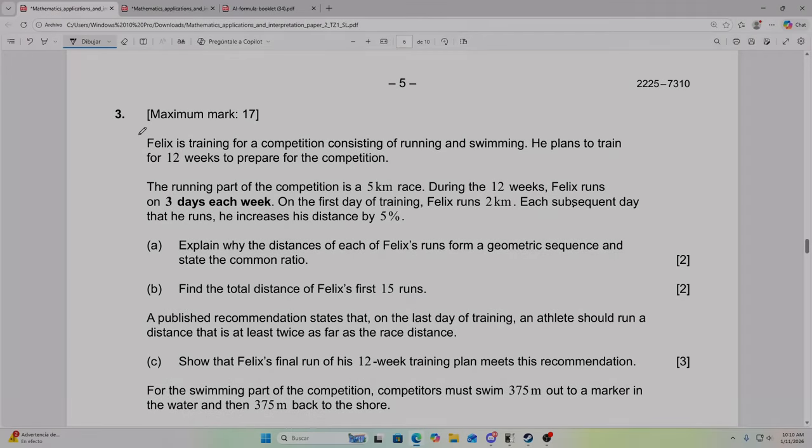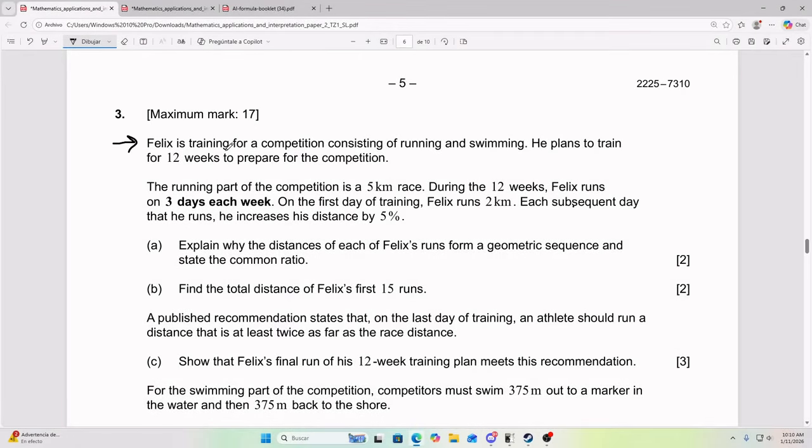All right, guys, for number 3, we have that Felix is training for a competition consisting of running and swimming. He plans to train for 12 weeks to prepare for the competition. The running part of the competition is a 5-kilometer race, and during the 12 weeks, Felix runs 3 days each week, and they put it in bold for a reason.